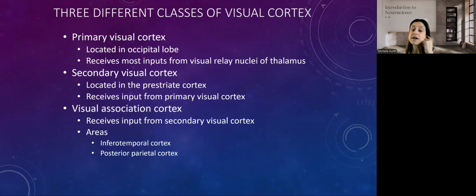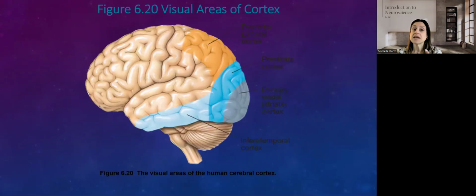Now, the visual association cortex is also receiving not just information from the secondary visual cortex, but also from secondary areas of other sensory systems. And this is just an image of the visual areas of the cortex. I know it's hard to see some of this text, but at the top you have the posterior parietal cortex, which is this orange.